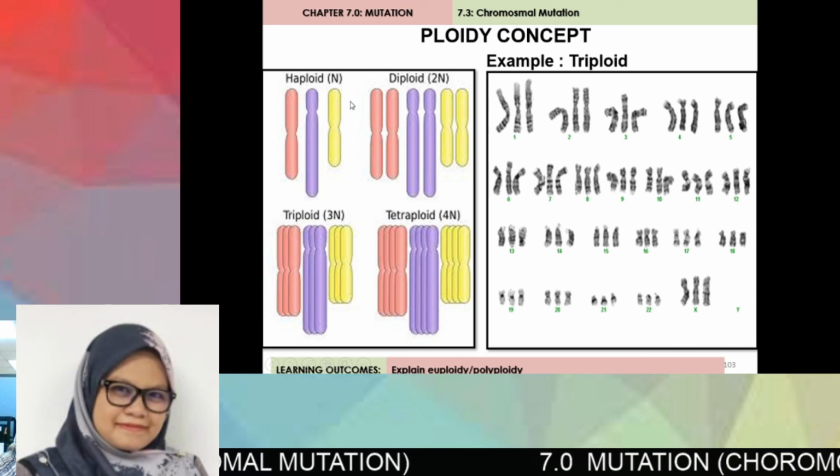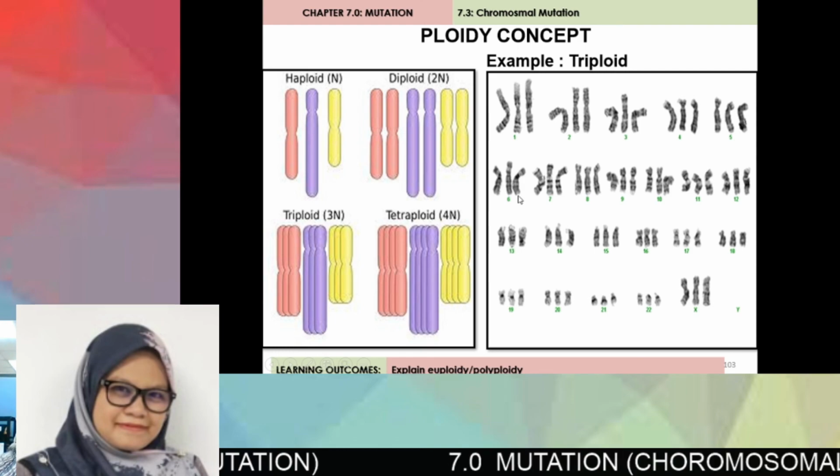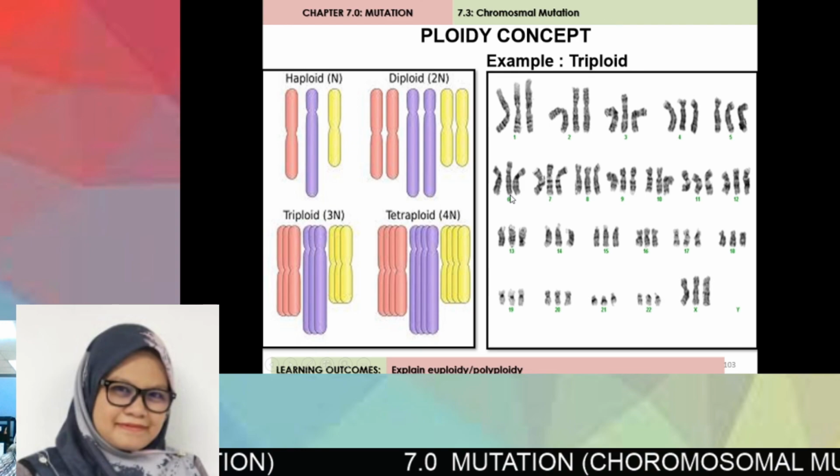Okay, haploid means the gamete dia akan carry single chromosome untuk setiap pair. Diploid, setiap pair akan ada pasangan. Dan kalau triploid, maksudnya setiap pair akan ada 3 kromosom. Tetraploid maksudnya setiap pair akan ada 4 kromosom. So that's why kita kata penambahan set, bukan penambahan bilangan.